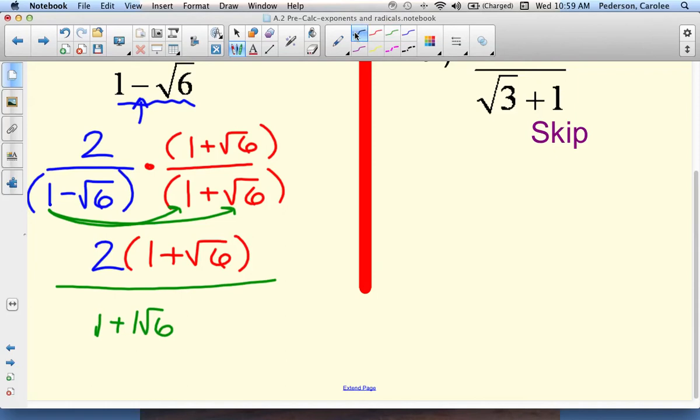I'm going to go to inside. Negative square root of 6 times 1 is negative 1 square root of 6. And then last, negative square root of 6 times positive square root of 6 is negative square root of 36, because 6 times 6 is 36.